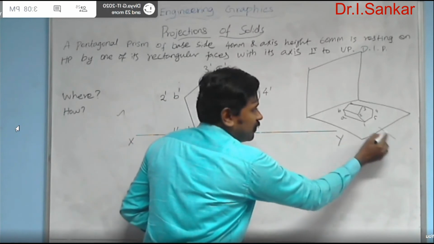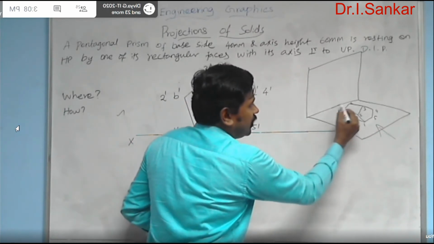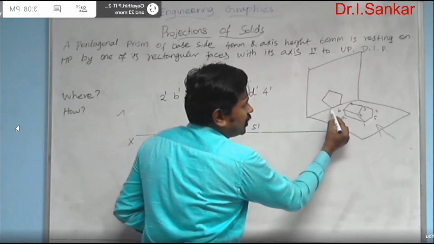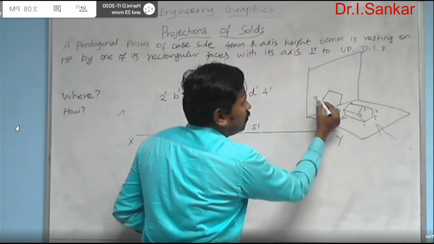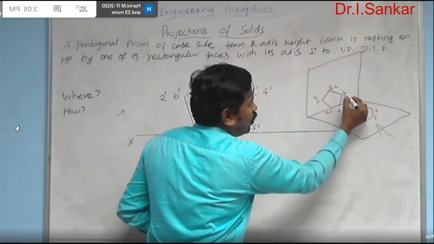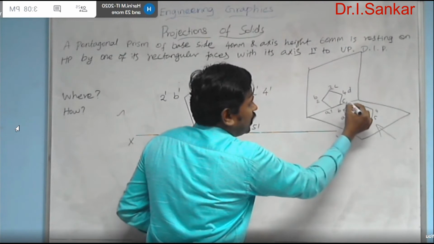If you look from the front, definitely in this view, you need to mark at that point 1 and A, here 2 and B, there 3 and C, here 4 and D, and 5 and E.